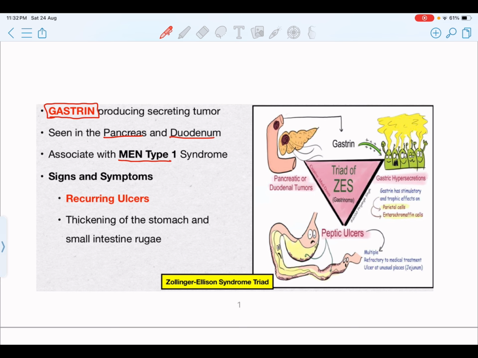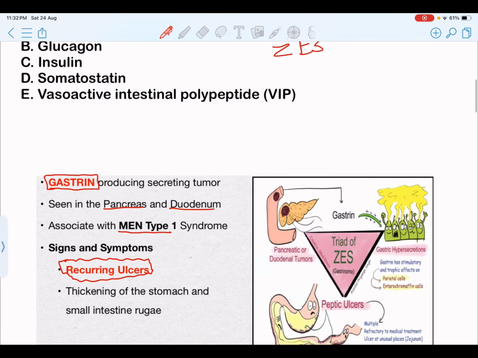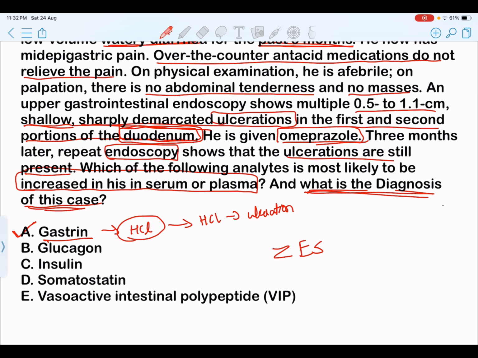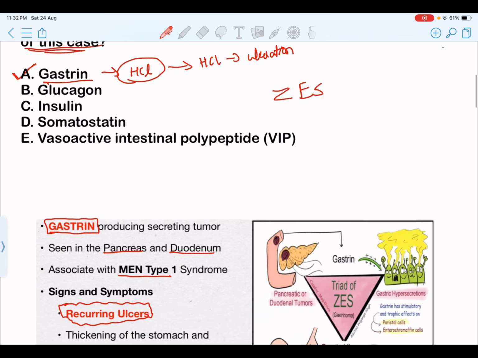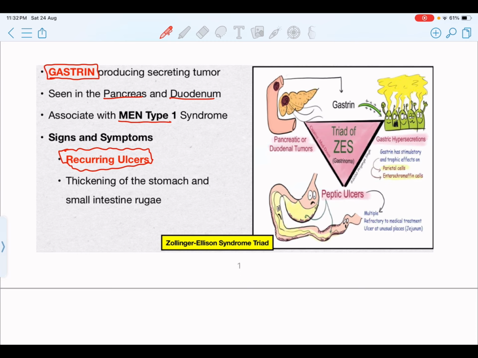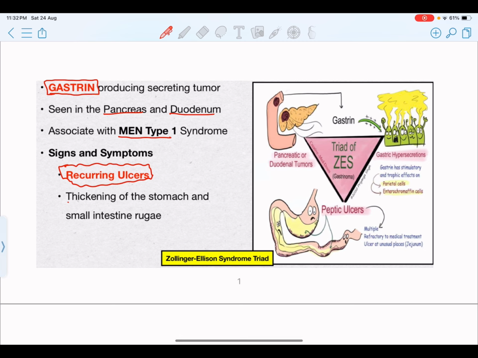The common signs and symptoms are recurring ulcers. As we saw, ulcer is the main keyword here, right? The endoscopy revealed the ulcerations were still present after 3 months of treatment. We also notice thickening of the stomach and small intestine rugae.